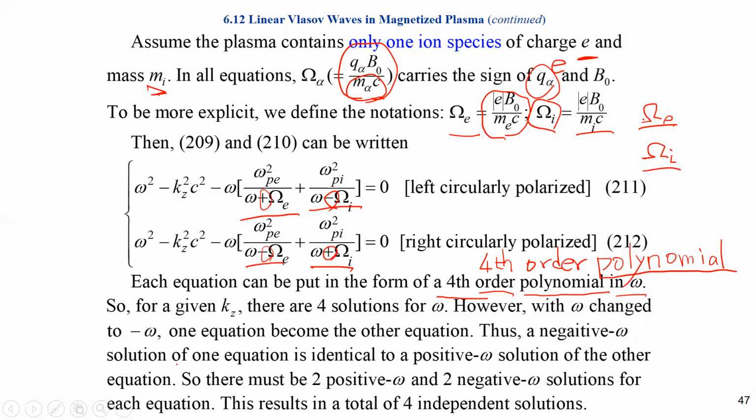So for a given kz, there are four solutions of omega.